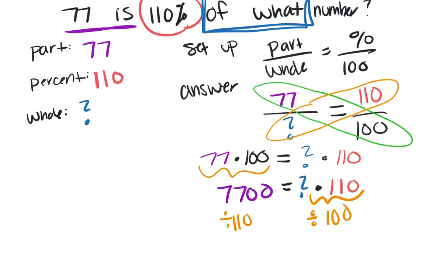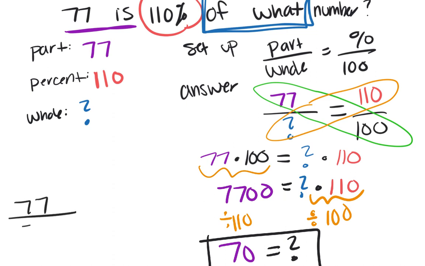And so when you go into that division, and you can use the calculator, I just did to double check myself. 7,700 divided by 110 is 70, equals question mark. So if I had 77 out of 70, it makes sense that my percent would be more than 100 because the bigger number's on top, right? I have all of 70 plus a little bit extra.